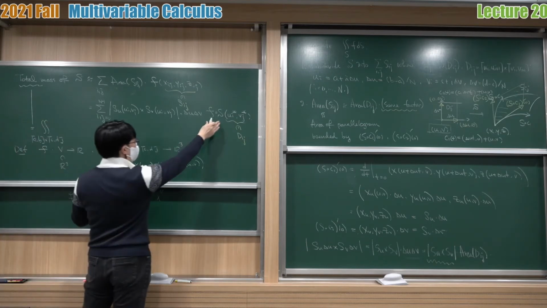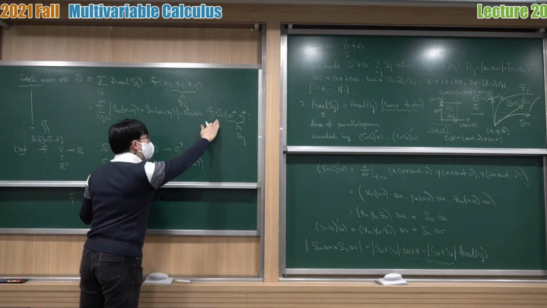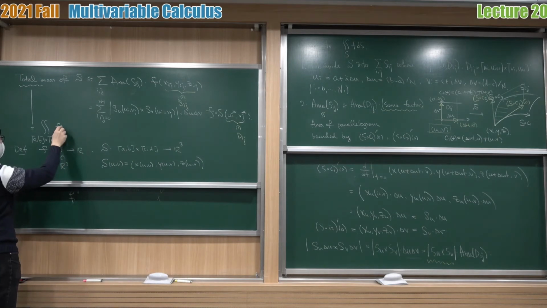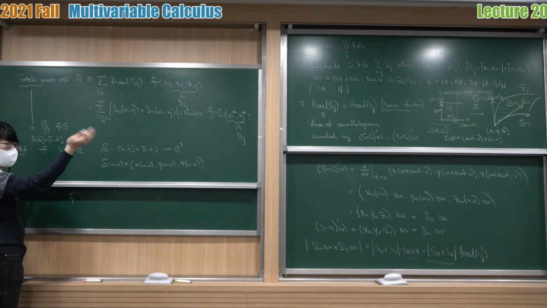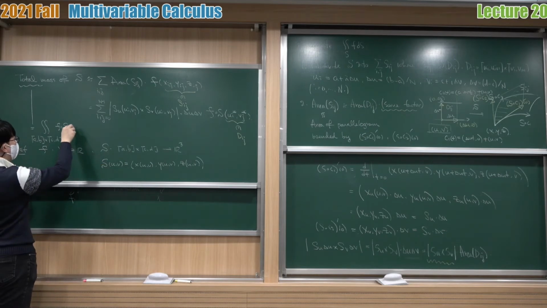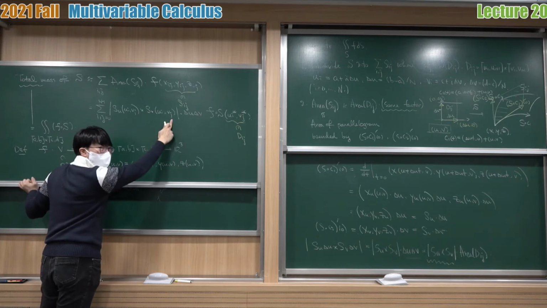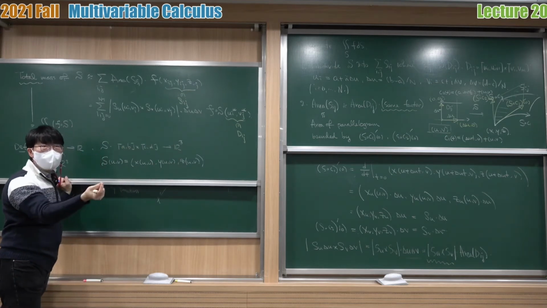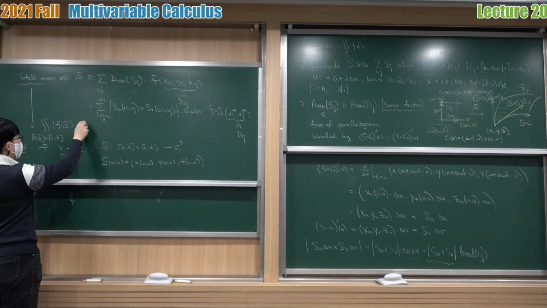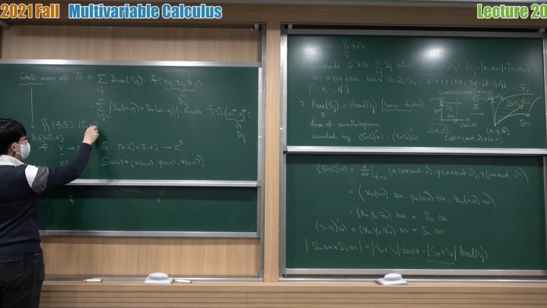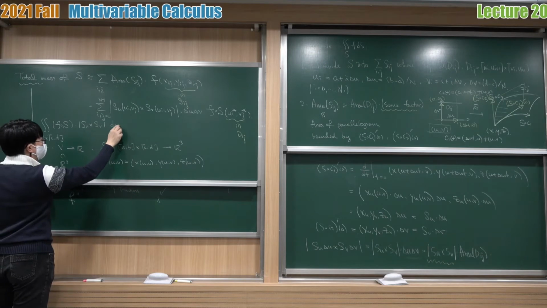This is the value of the function, but not directly putting f because f is a 3-variable function. We take f composite S to make it a 2-variable function on the UV plane, and then multiply that with this function, again a 2-variable function in terms of U and V, the norm of Su cross Sv, du dv.